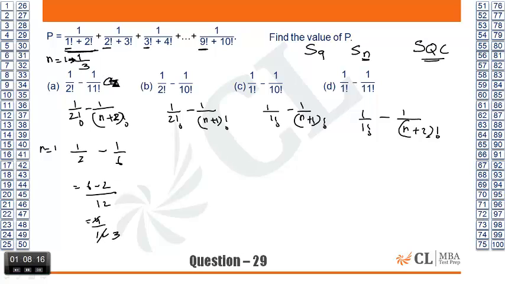This is okay. So this is 1 minus 1 by 3 factorial, which is 1 by 6. Actually, I'm getting 5 by 6. Thank God.